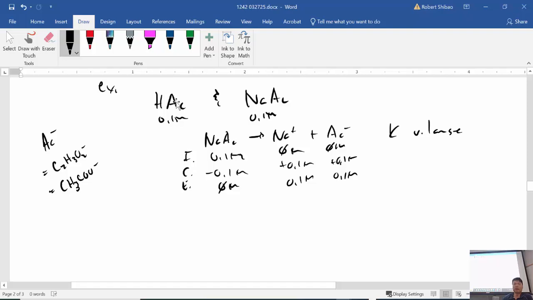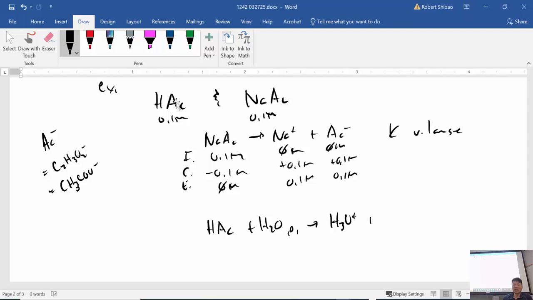Well, if we go on to the next step, it will be acetic acid and water. This is going to change the acidity here significantly. So initially I'm going to have 0.1 molar. I'm going to assume nothing's hydrolyzed yet, and therefore I have 0 molar hydronium.